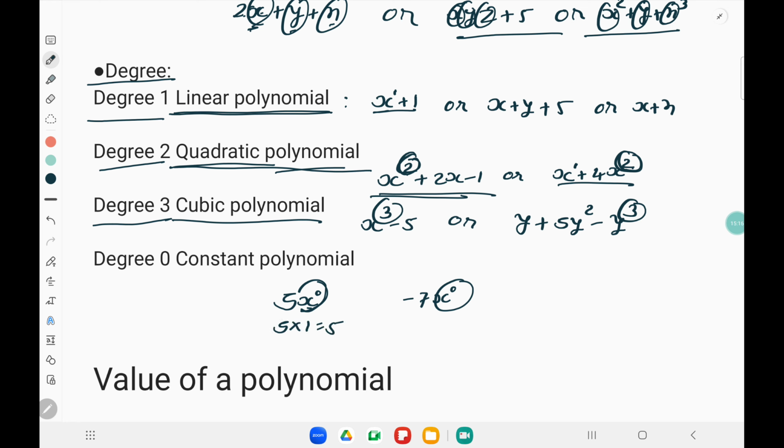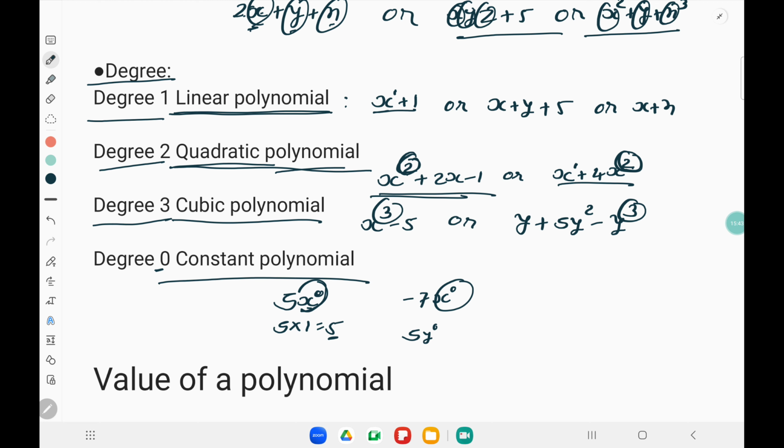So 5 times 1 becomes 5. A constant polynomial means we are given only a number, and it has degree 0. Why do we call it degree 0? Because the constant term is only a number, but if we wish, we can add any variable with the 0 power. And what does the 0 power mean? We know very well, right?